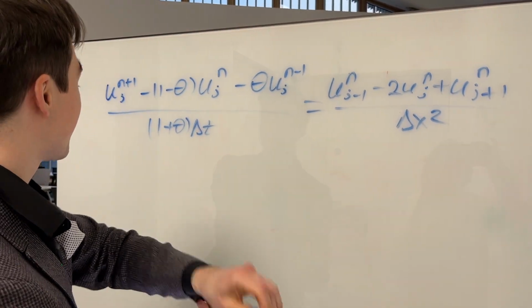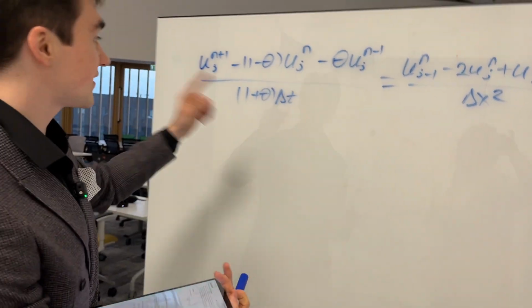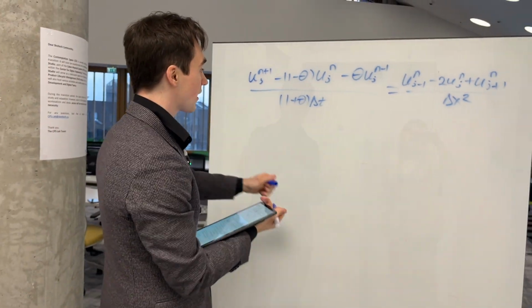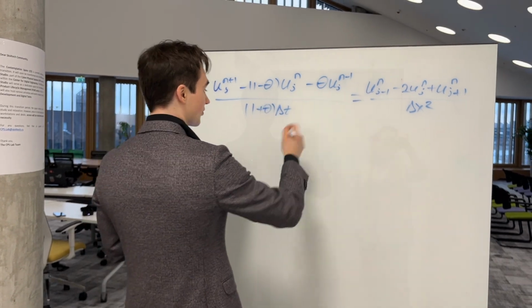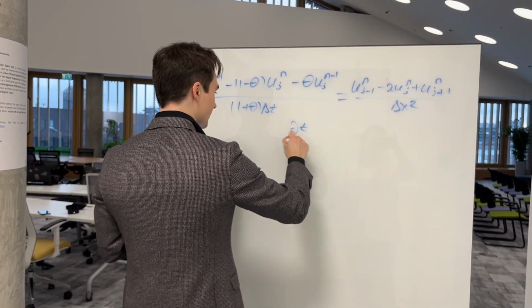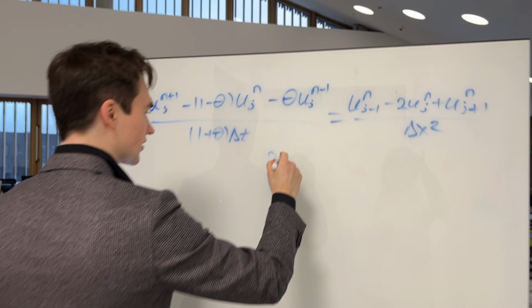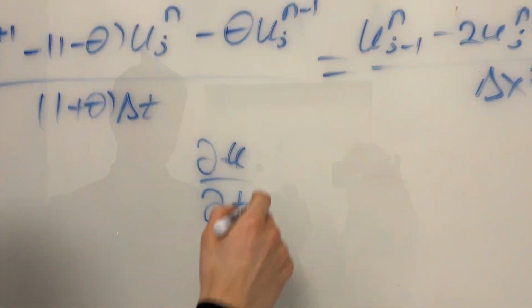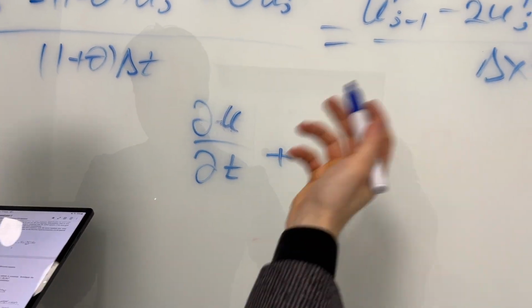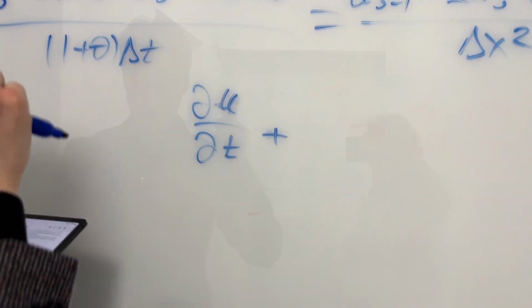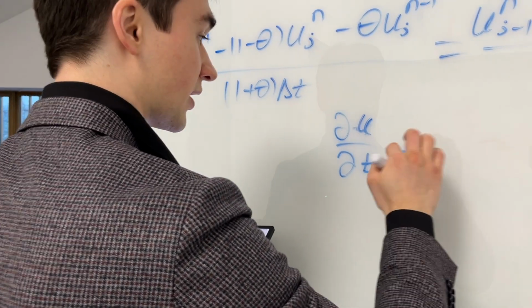Okay, and first we need to analyze consistency of this scheme. Let me remind everybody that the equation is du over dt plus some, oh, not advection equation, diffusion equation.